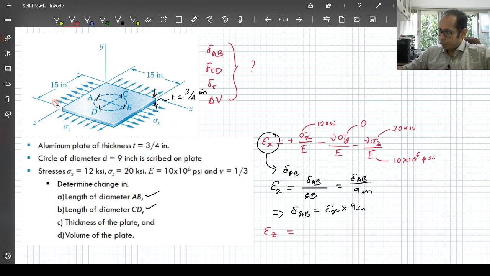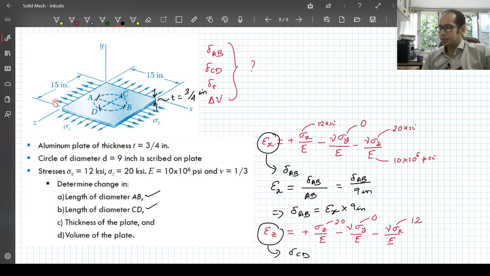Epsilon z will again be a similar kind of equation, sigma z by E, related to the other stresses using Poisson's ratio, minus nu sigma x by E, minus nu sigma y by E. Once you substitute these, where sigma y is 0, you are given sigma x as 12 and sigma z as 20 ksi. You can calculate these quantities, and this will again help you get delta CD.